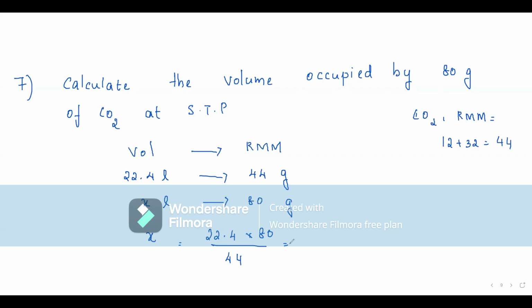It is 40.7272. It's a recurring decimal. You can round it off. 40.73 liter is your final answer. Volume of 80 grams of carbon dioxide is 40.73 liters.